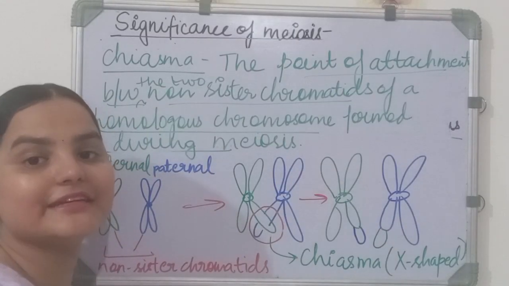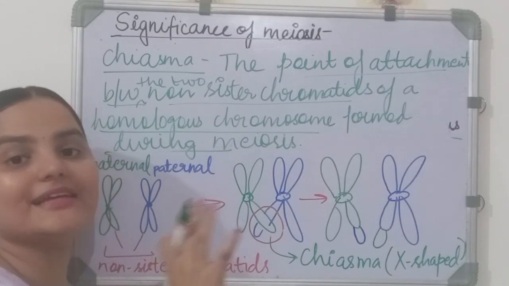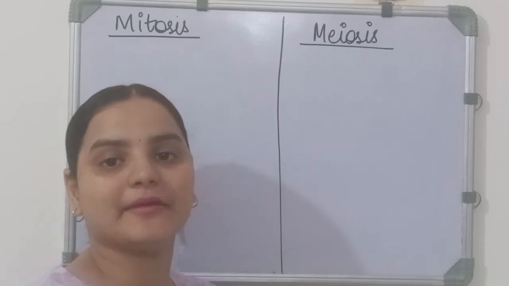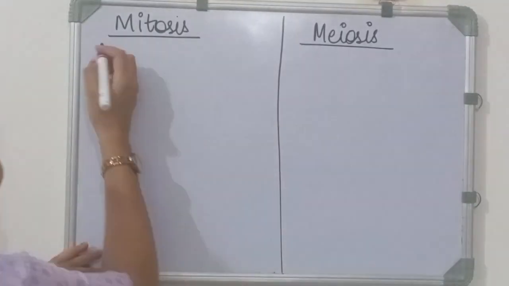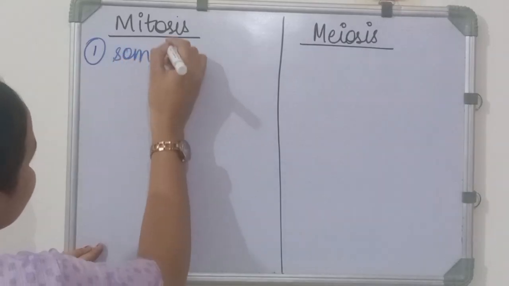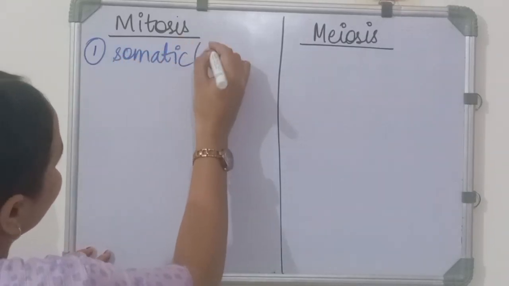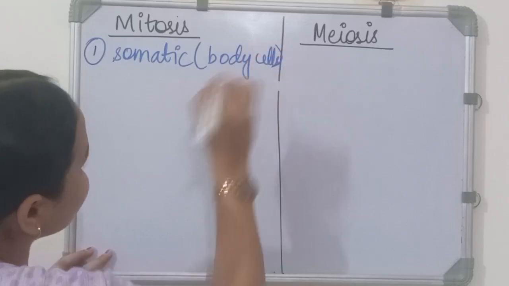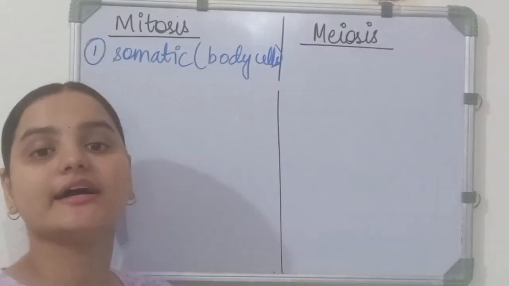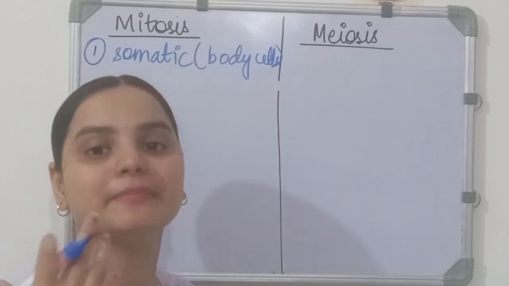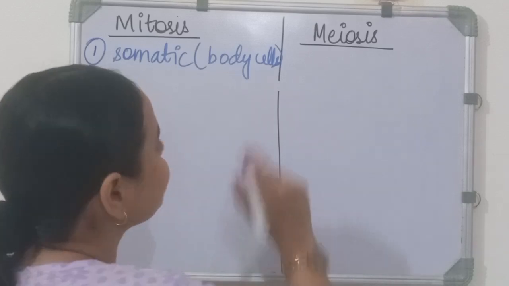Okay. I hope the significance of meiosis is very clear. Now let's see the differences between mitosis and meiosis. So mitosis occurs in the somatic or body cells, whereas meiosis occurs in the reproductive cells, which are testes in human males and ovaries in human females.